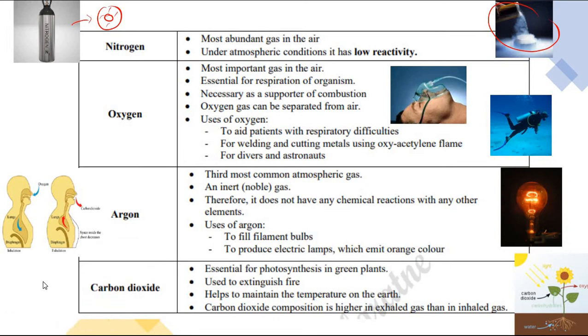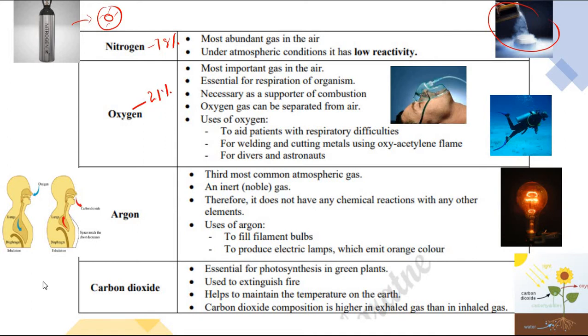As I had mentioned earlier, 78% of the volume of the troposphere is nitrogen gas. Oxygen we have 21%. All the rest just a minor 1%.